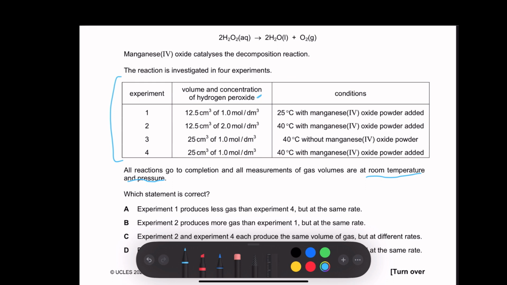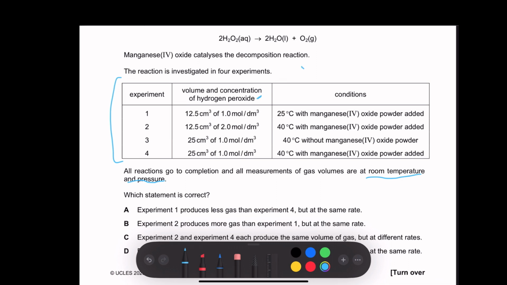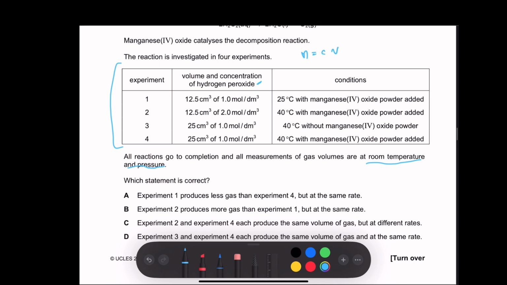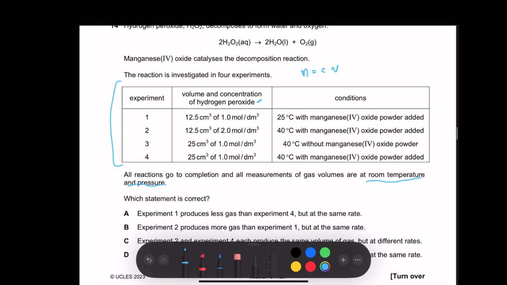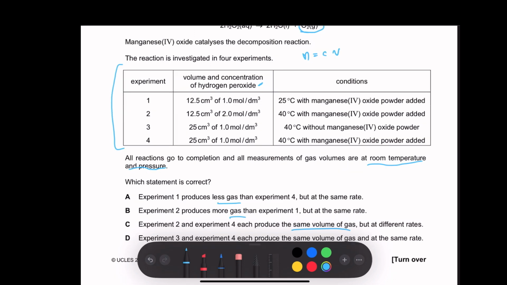We know a formula, n equals Cv. So from the concentration and volume data, we can find the moles of H2O2. When we find the moles of H2O2, we can find the volume of gas that is released. 1 into 12.5 upon 1000.